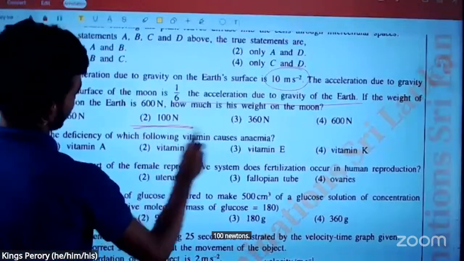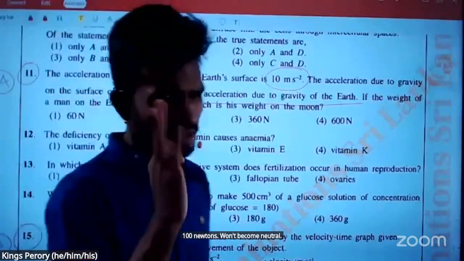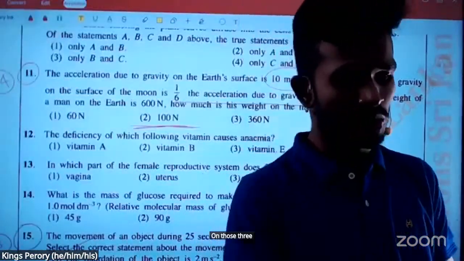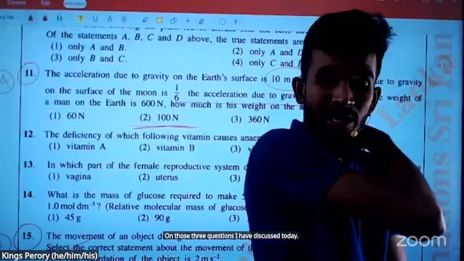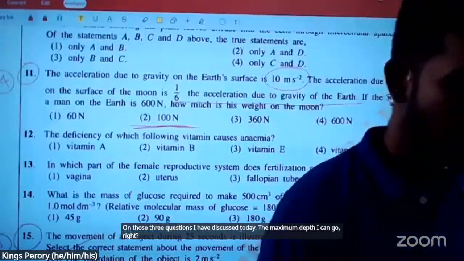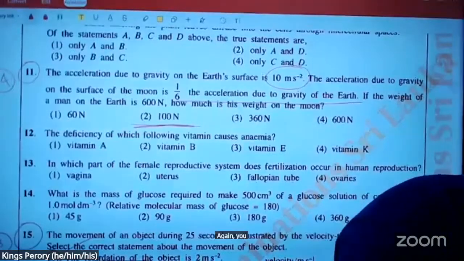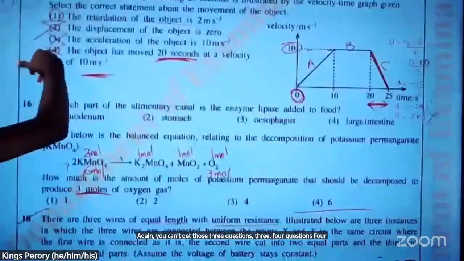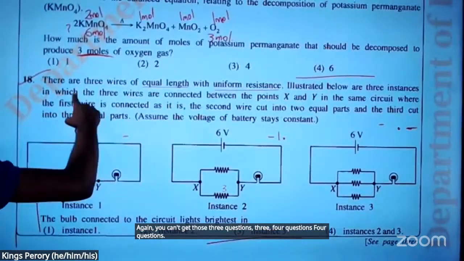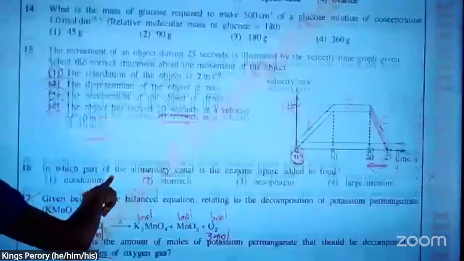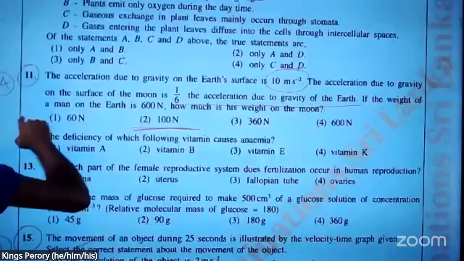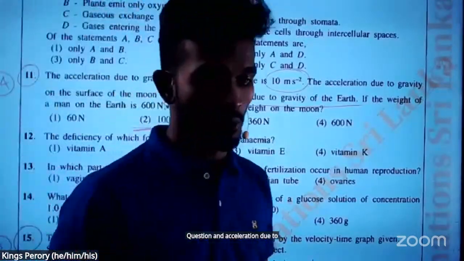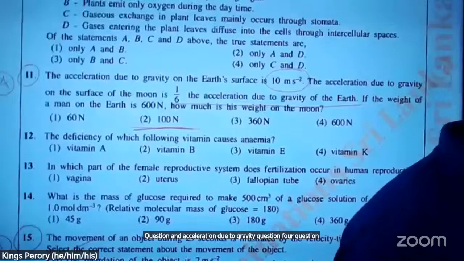On these questions I have discussed the maximum depth I can go. Four questions: the resistor question, stoichiometry question, V question, and acceleration due to gravity question. What a depth we have gone.